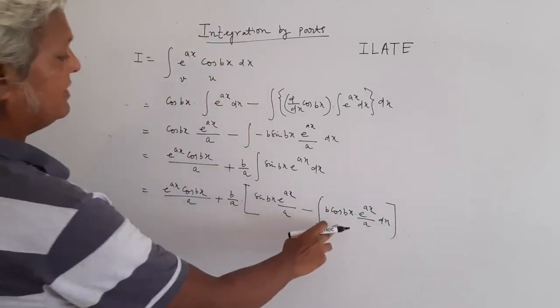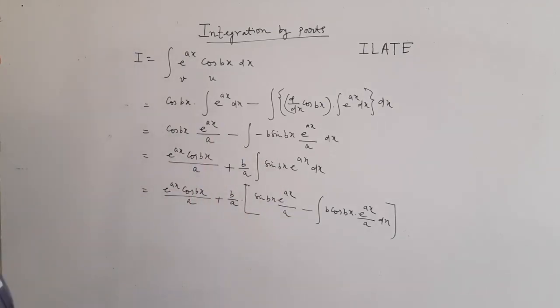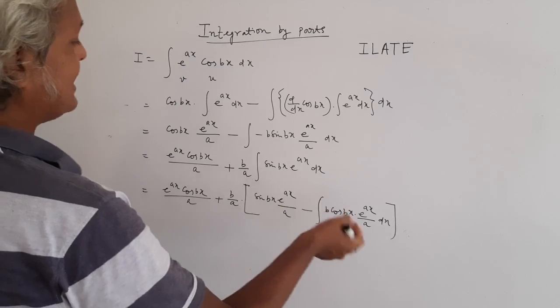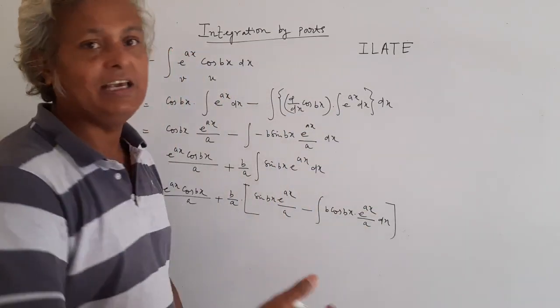Now there you see we have found our integral back into the expression. And if you again continue, cos will further become sine and sine will become cos. So there is no ending, this will keep on happening.